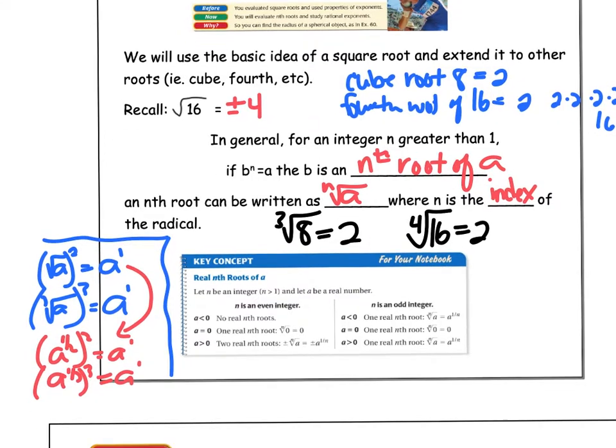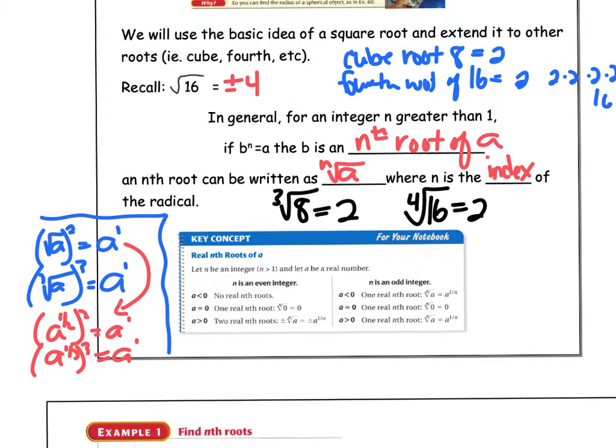So let's look at what this key concept is saying here in this box right here. It's kind of important, and it helps you when you're deciding the signs of your roots. With your square roots, you always had your positive and your negative root, but it's different when you have negative integers underneath a root, because you might have some imaginary numbers here, and we know how to deal with those now.